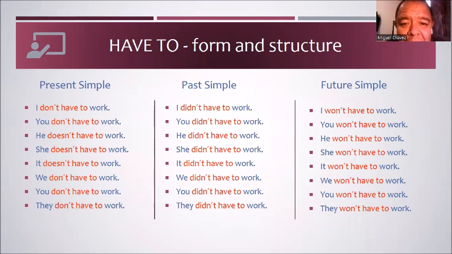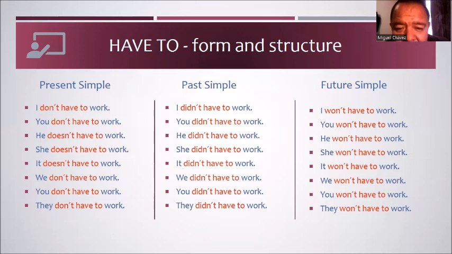For the past simple, remember that we use the auxiliary verb did with the particle not, didn't, and the main verb is going to be in present or base form. I didn't have to work. You didn't have to work. He didn't have to work.